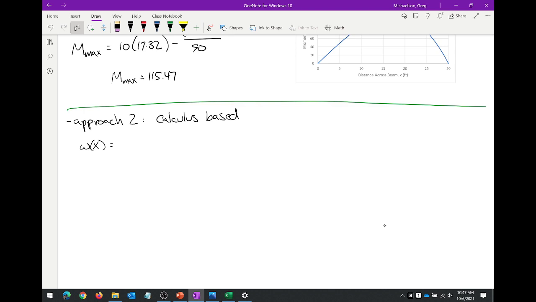Remember we said that Wx could just be negative height or negative x over 15.